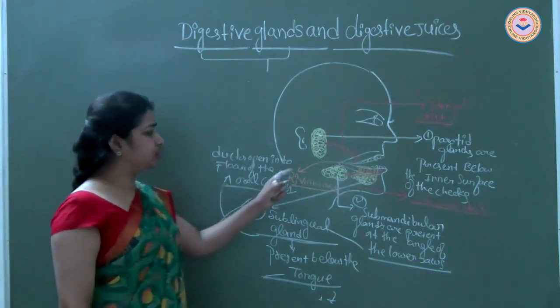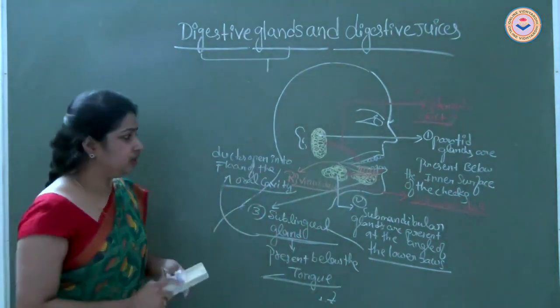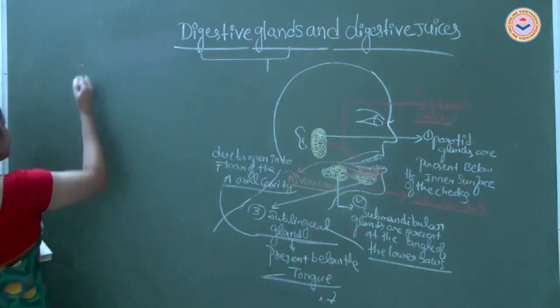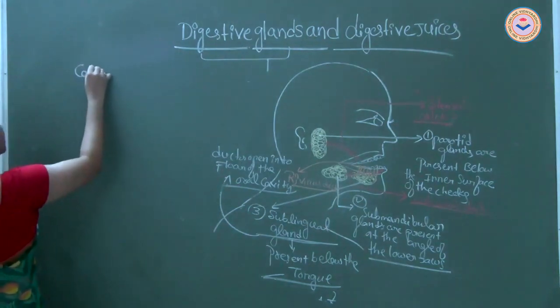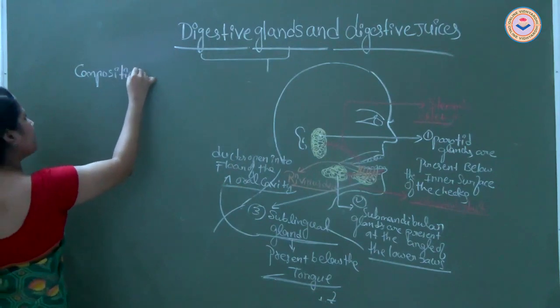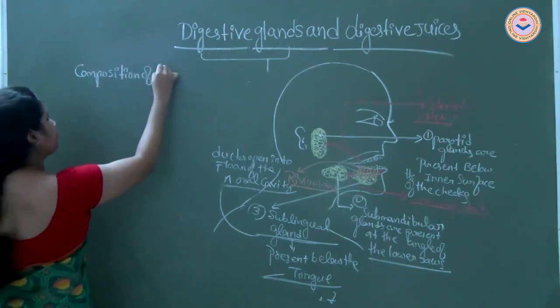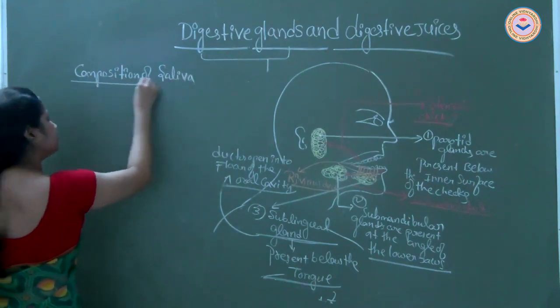What is the function of salivary glands? To secrete saliva. Now coming to the composition of saliva.